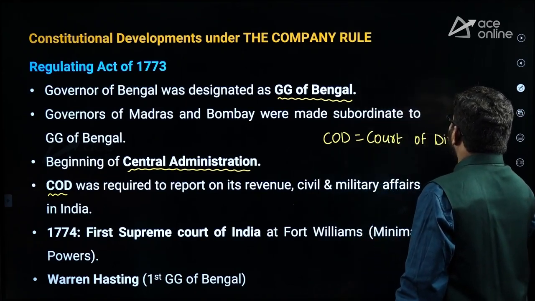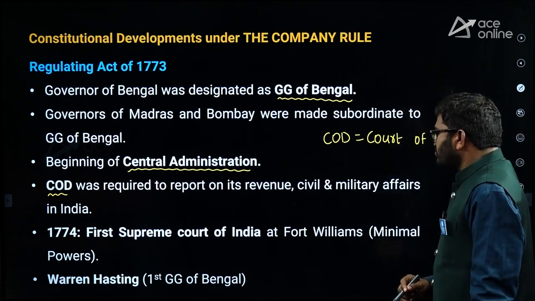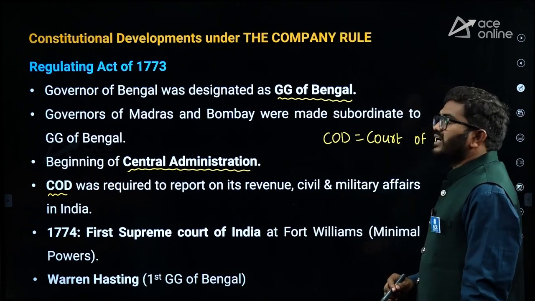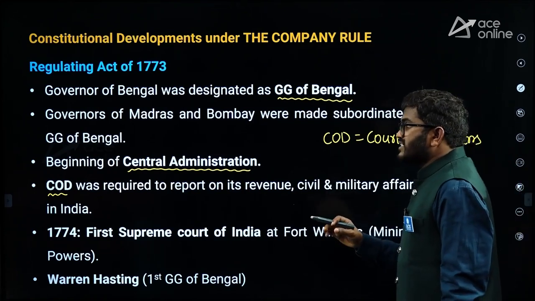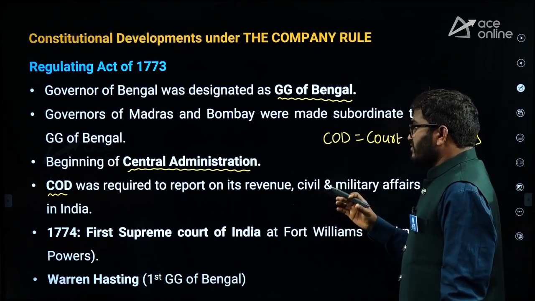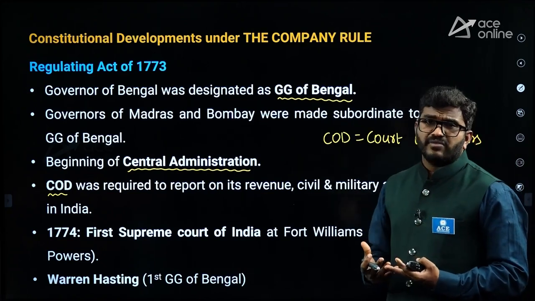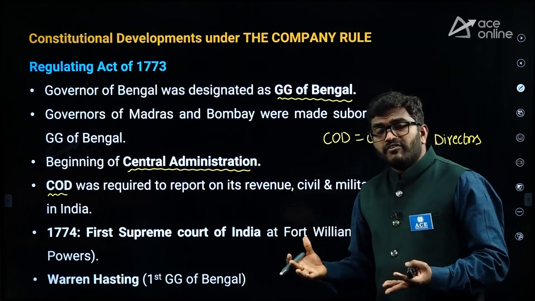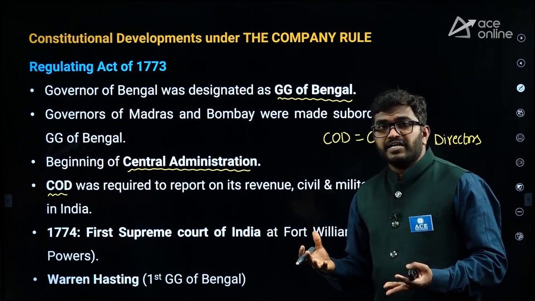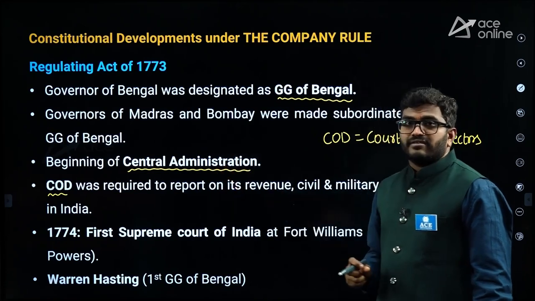The Court of Directors was required to report on its revenue, civil and military affairs in India. Suppose in India, how much tax we collect, how much we are spending, how much money you are spending for military expenditure. So we require the permission from the Court of Directors.